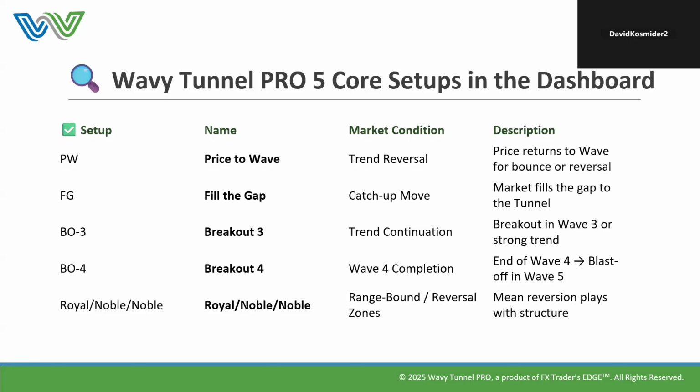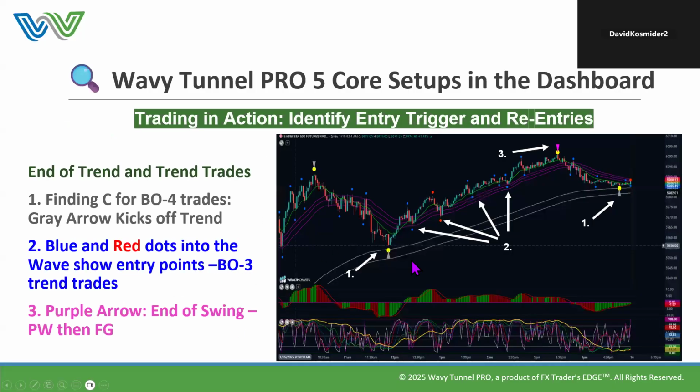The breakout 3 is trend continuation, a breakout in a wave 3 or a strong trend. And the breakout 4 is a wave 4 completion, end of wave 4, blast off in wave 5. And then the Royal Noble is range bound, making reversal zones, mean reversion plays with structure. So these are the setups that I'm going to show you in the dashboard shortly.